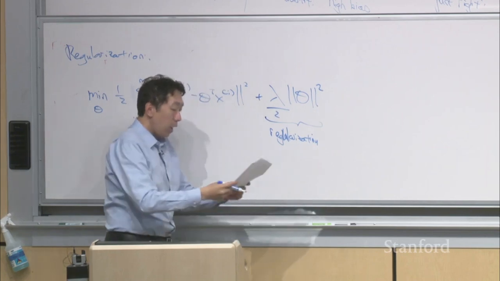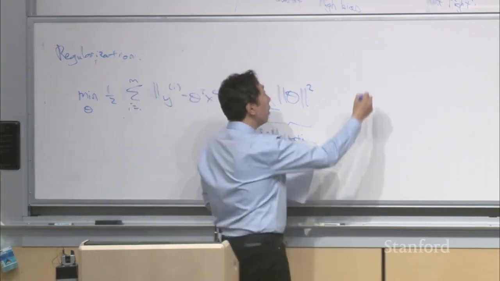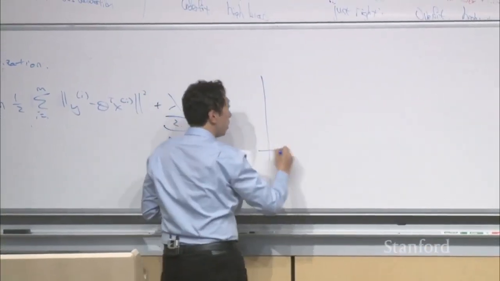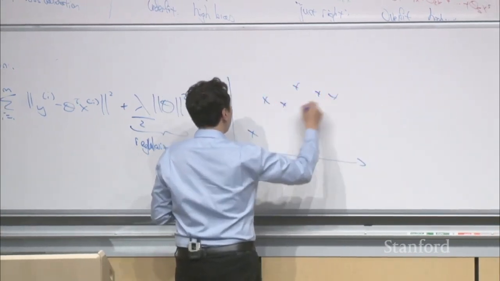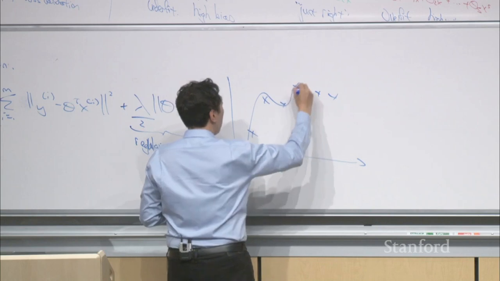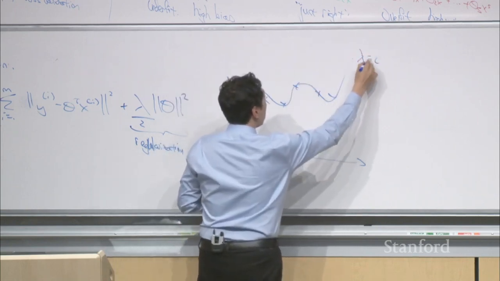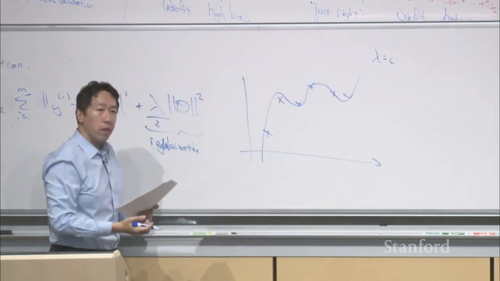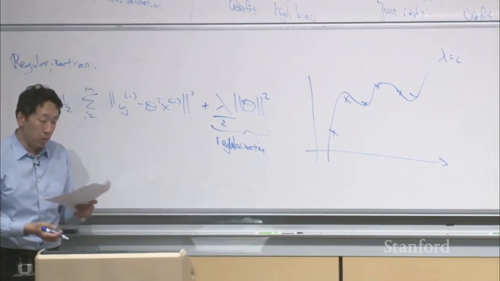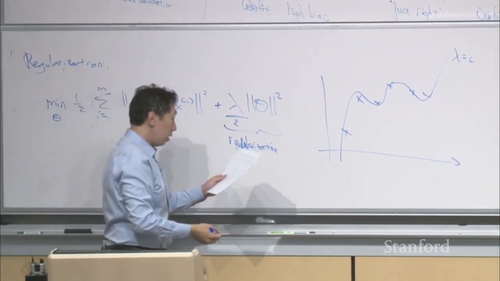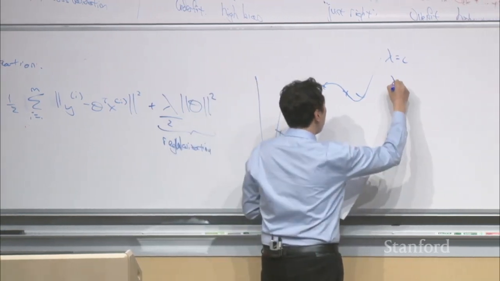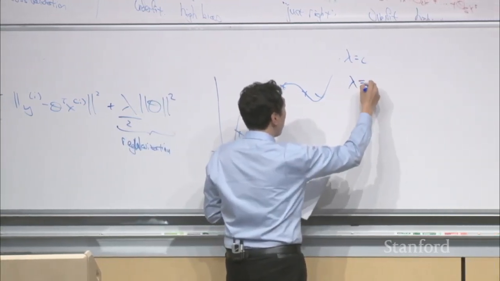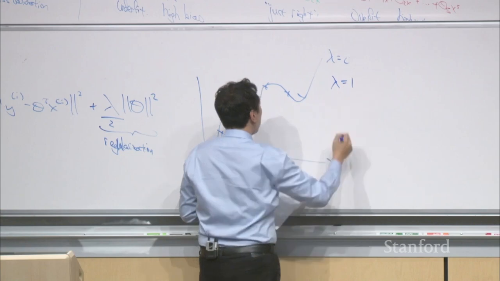Let's take the linear regression overfitting example. If you set lambda equals 0, then it's just linear regression over the fifth order polynomial features. As you increase lambda to some intermediate value, it'll depend on the scale of the data, but let's say you set lambda equals 1.